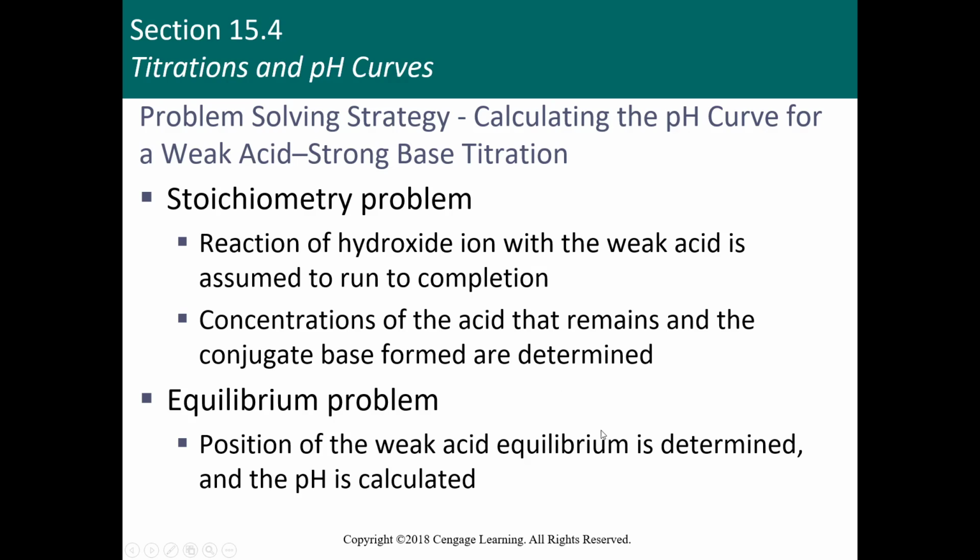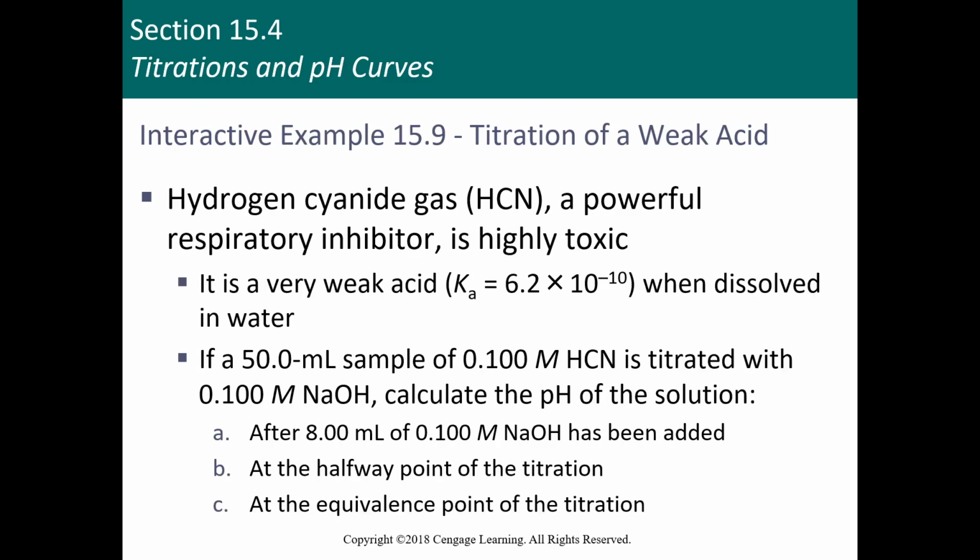You're going to see they're just like the buffer problems we looked at before. You subtract off the amount of OH- you added, just like we did before, and then you figure out the equilibrium concentrations, just like we did before. That's going to be straightforward, same buffer problem. You can even use the Henderson-Hasselbalch equation.